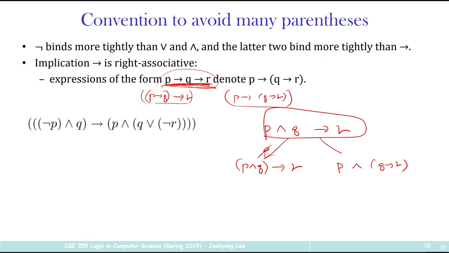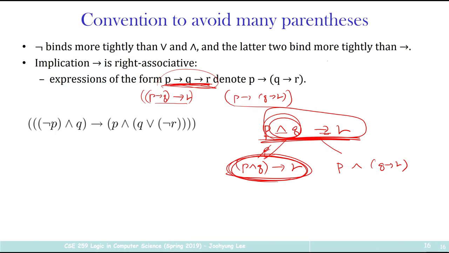It means either this or that, if we don't use the parentheses there. But what we are going to use as a convention is that conjunction binds more tightly than implication. So if you have these two occurrences, this binds more tightly. So we'll understand this string as this one, not the other one.